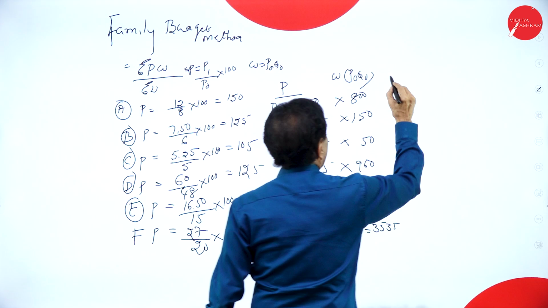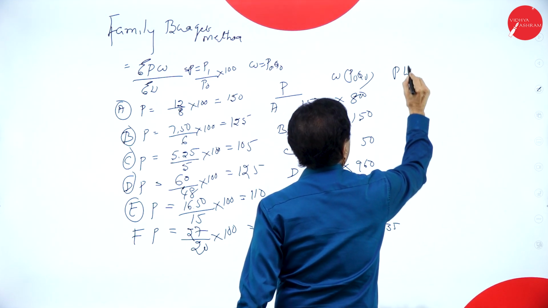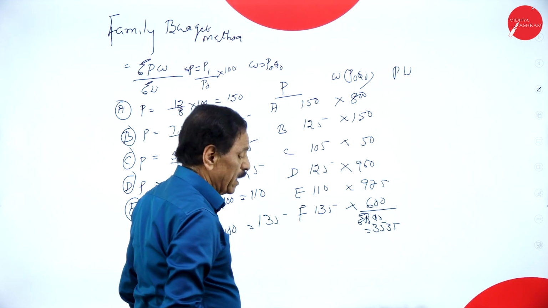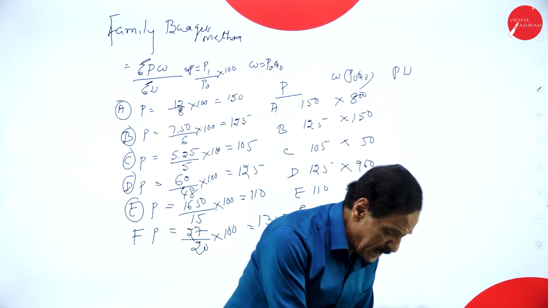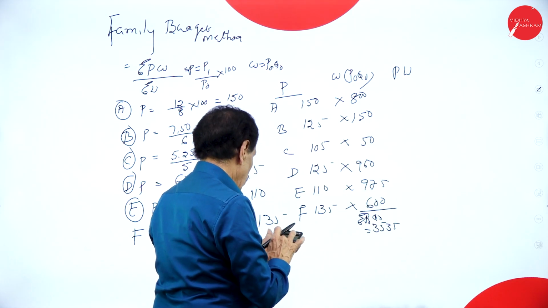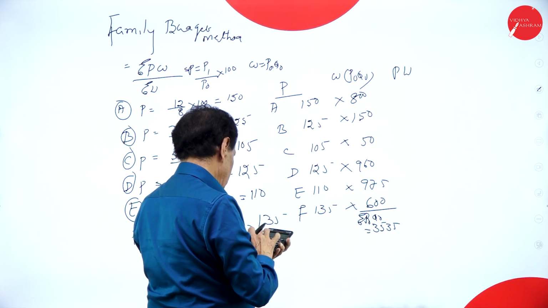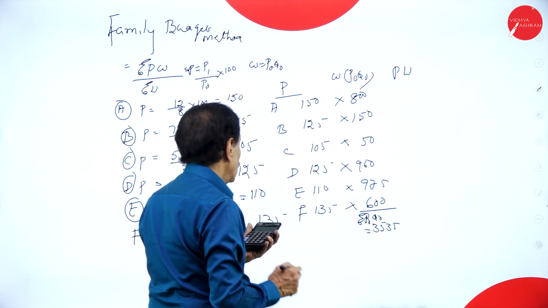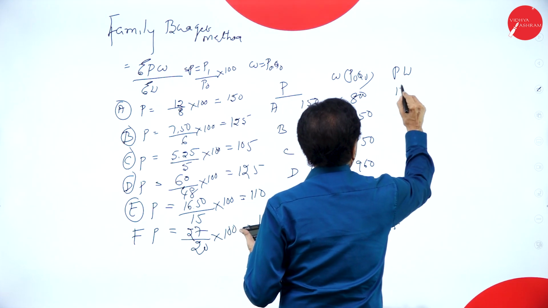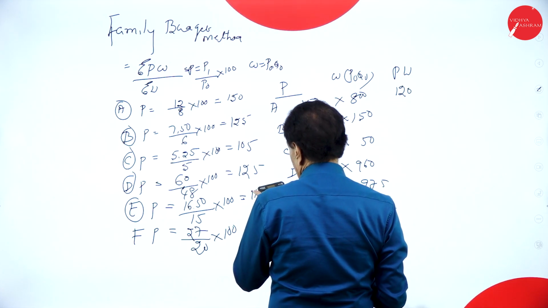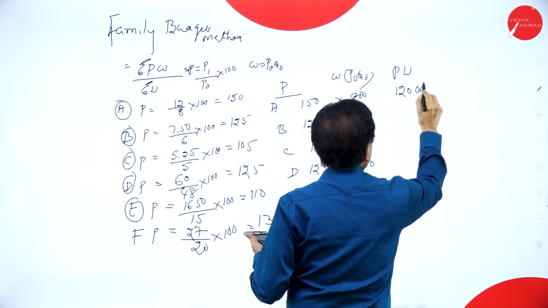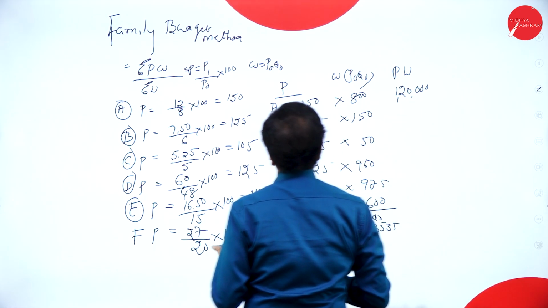Now PW, P into W. So 150 into 800, that is 1,20,000.